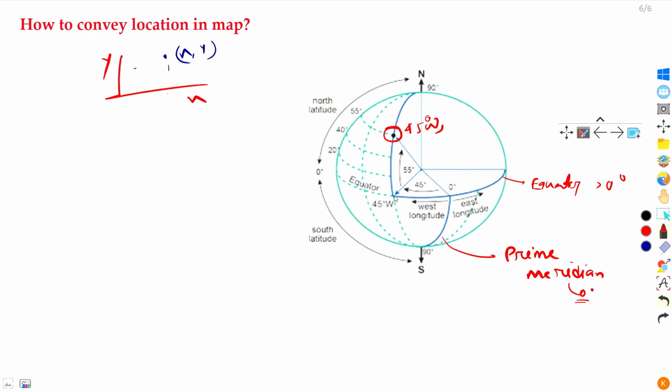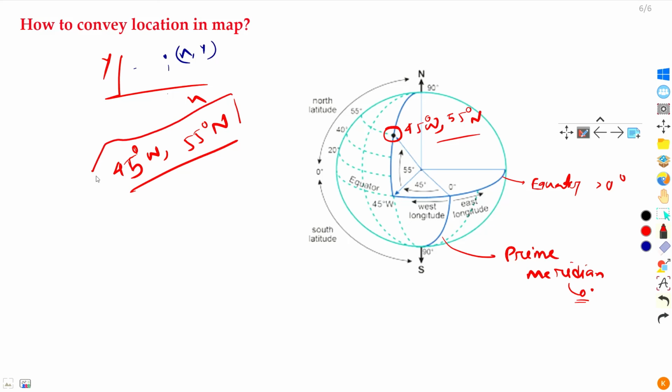And from this point, it goes towards the north side, and the value of the angle is 55 degree. So the point value is 55 degree north. So the location point is 45 degree west, comma 55 degree north. Okay, so using this latitude and longitude value, we can easily convey our location in a map.